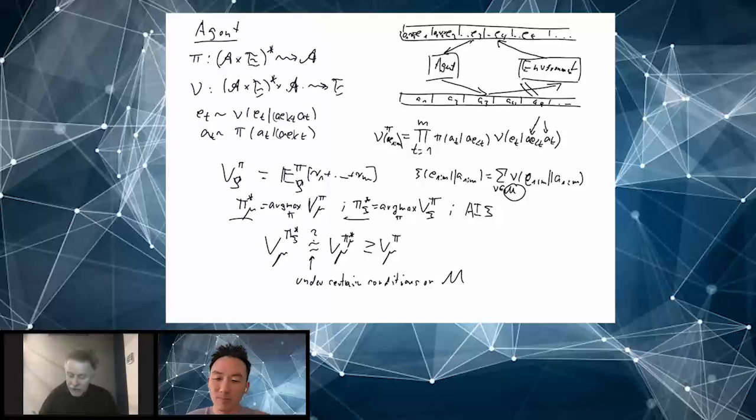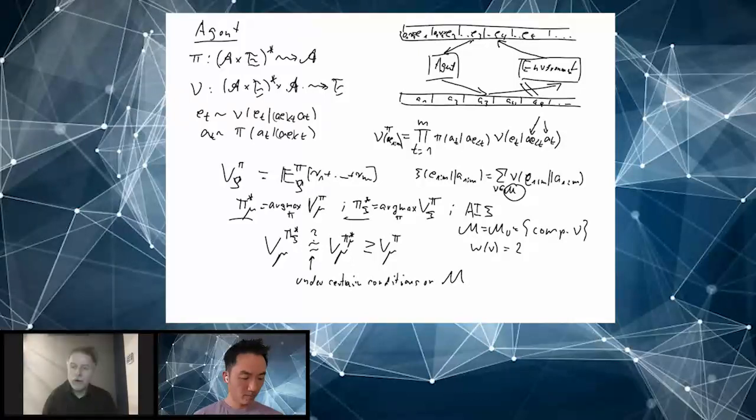So again, we choose M to be all computable, in this case lower semi-computable chronological semi-measures if you want to be precise, but roughly speaking, all computable probability distributions. And as before, we choose the weight 2 to the minus the Kolmogorov complexity of nu. Then you get a psi, which is psi U, and this is called the AIXI model.